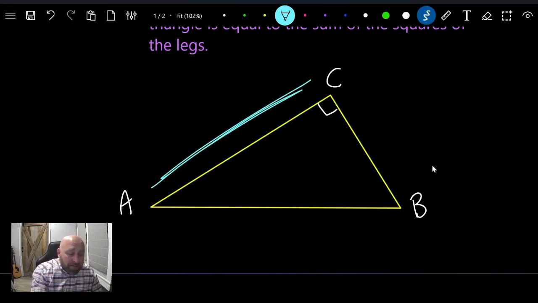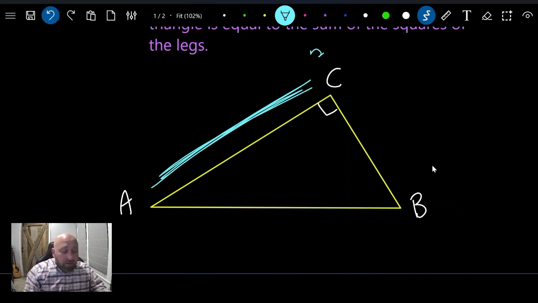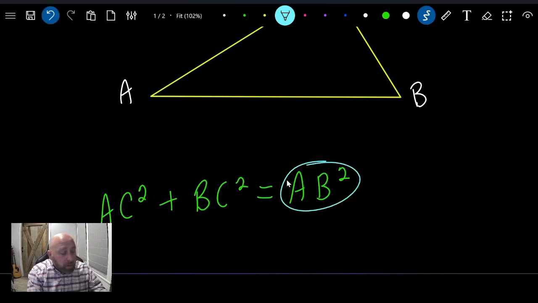Something like AC, that's a leg, squared, so AC squared, plus CB or BC squared is going to equal this sum down here. This is the hypotenuse squared. So it's going to look more like this. It's going to look like AC squared plus BC squared equals AB squared.